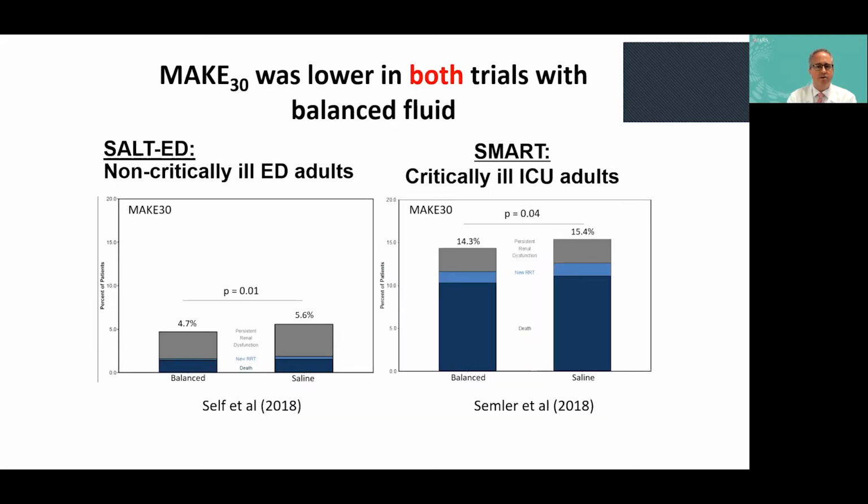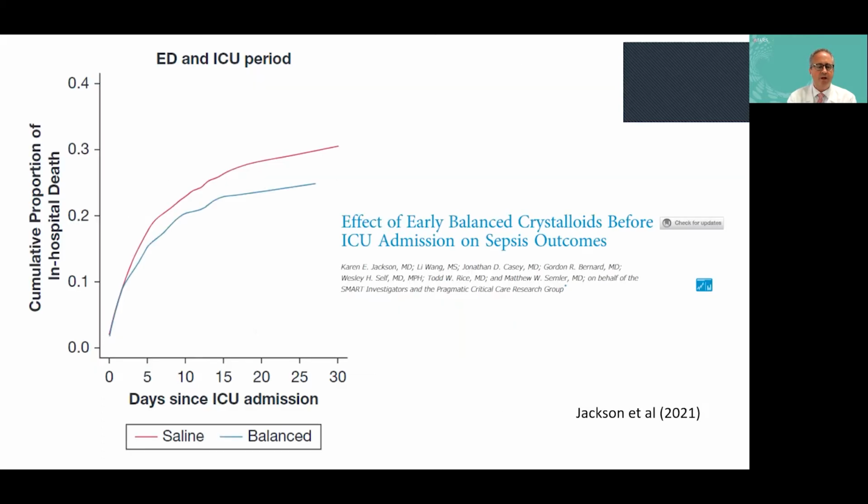So in both of these trials, MAKE30 was significantly higher in patients treated with saline. Death, new dialysis, persistent renal dysfunction. The composite is driven in the intensive care population by mortality, and in the less critically ill patient population by worsened renal function.